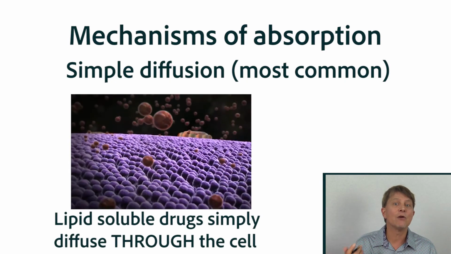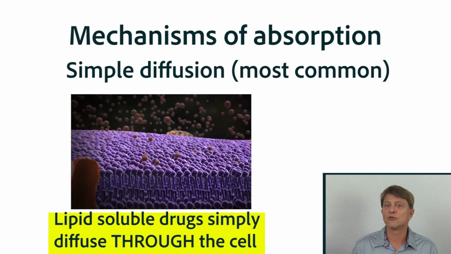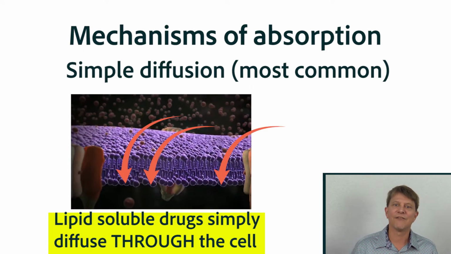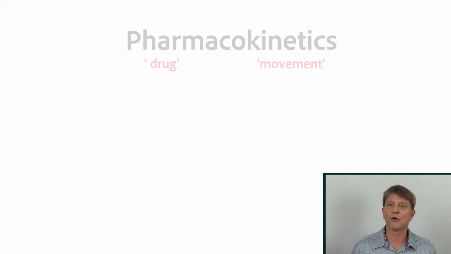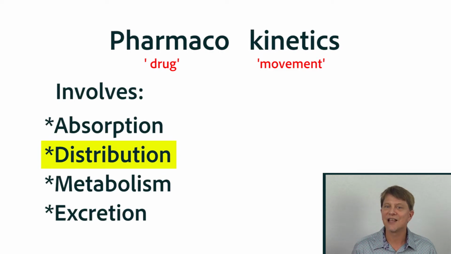But if it's a lipid-soluble drug, or in other words, lipophilic, that drug can simply diffuse from one side of the cell membrane to the other. And once that medication is absorbed, that medication is ready for the next process of pharmacokinetics, which is the distribution of drugs.